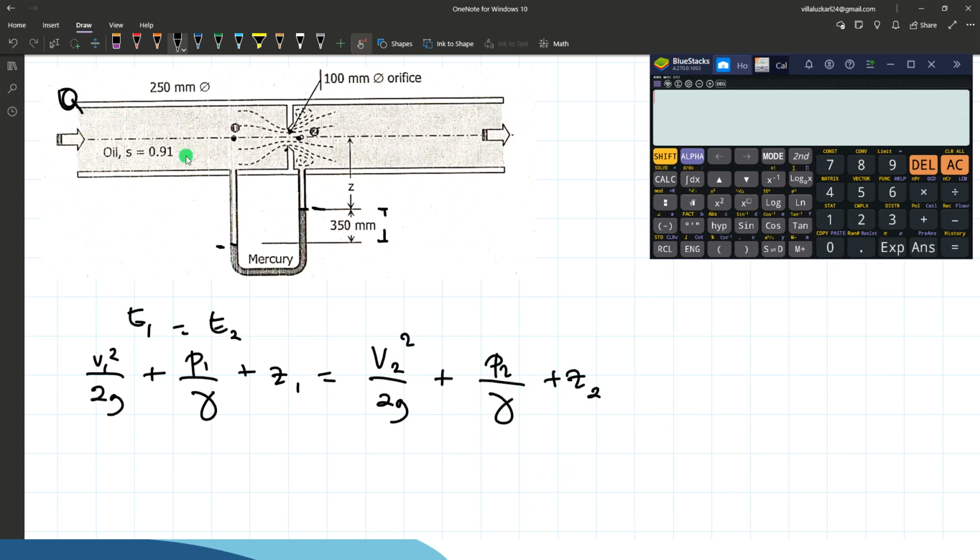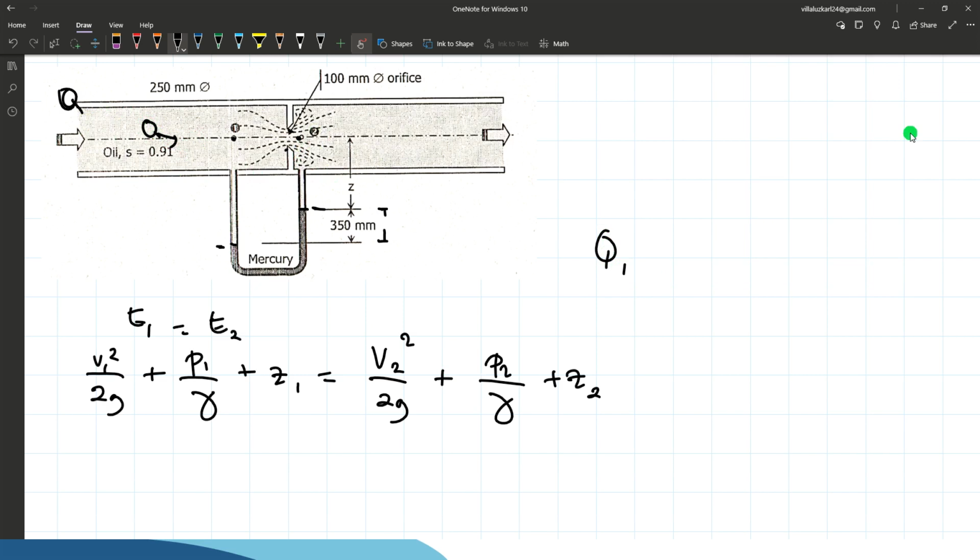The discharge at point 1 is the same as the discharge at point 2, so Q1 equals Q2.